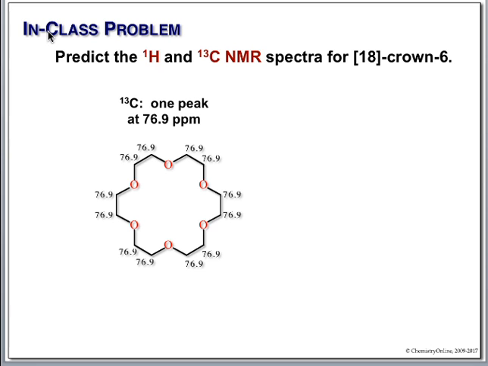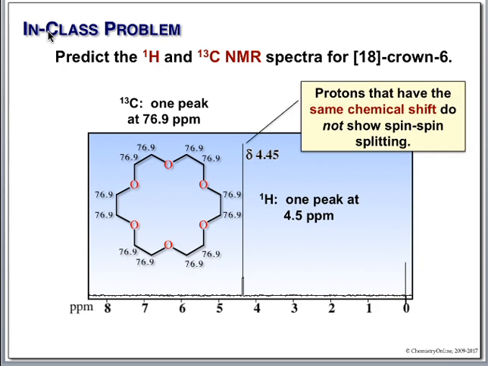And the proton NMR, well, even though this is a CH2 adjacent to a CH2, we get one single peak. Why? Simple thing about proton NMR. If they have exactly the same chemical shift, if they're exactly the same in the C13, we have no splitting. If they're exactly the same, there is no splitting.